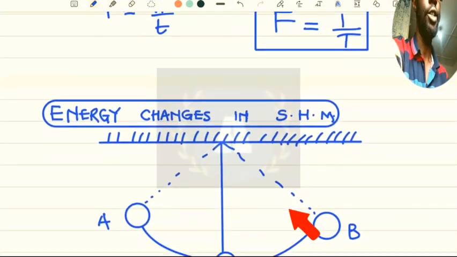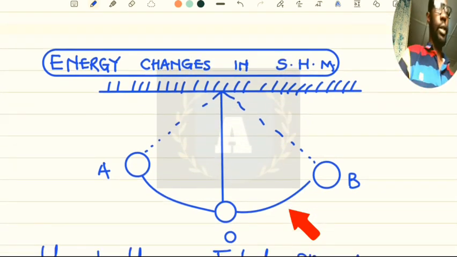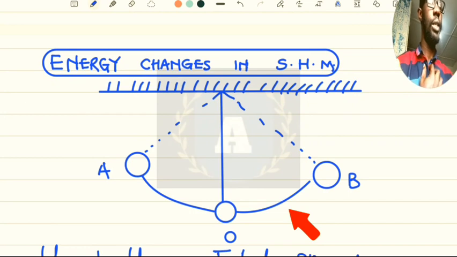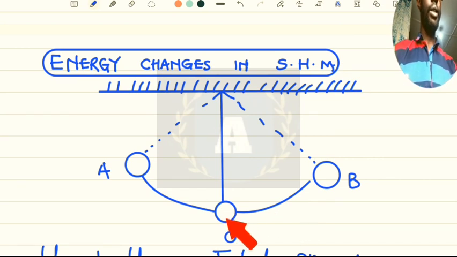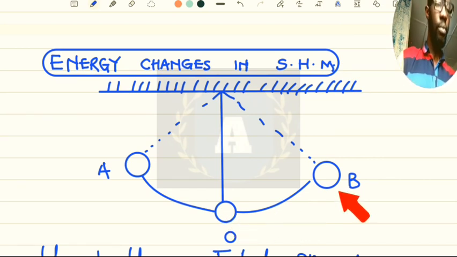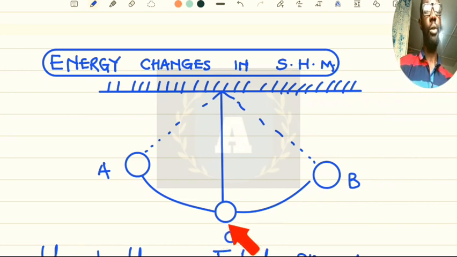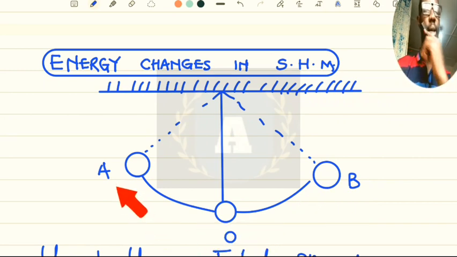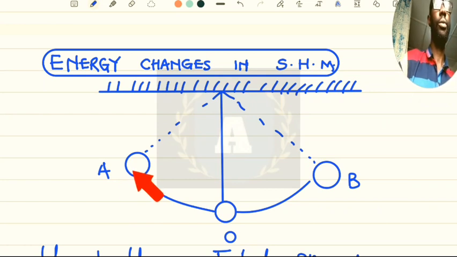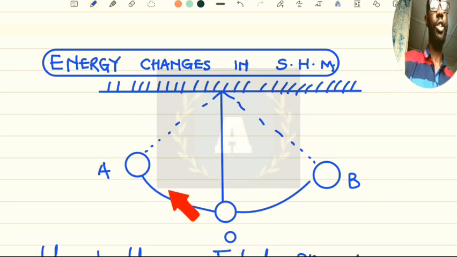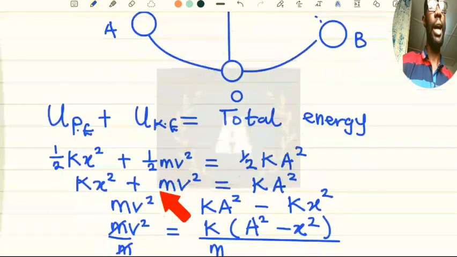Now the energy is actually conserved in simple harmonic motion, and energy is not lost in any context. So we see the conversion of energy from kinetic to gravitational potential, then from gravitational potential to kinetic, and then back to gravitational potential, because that height has been attained.